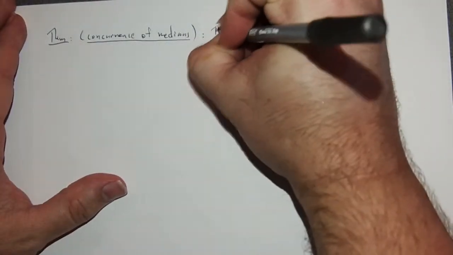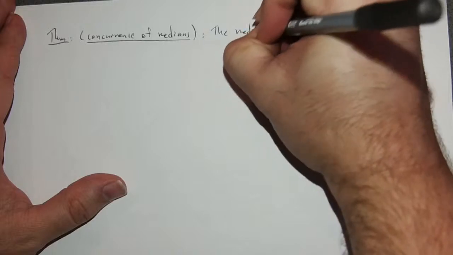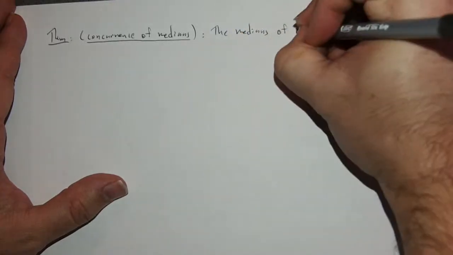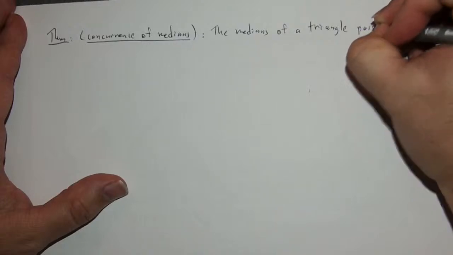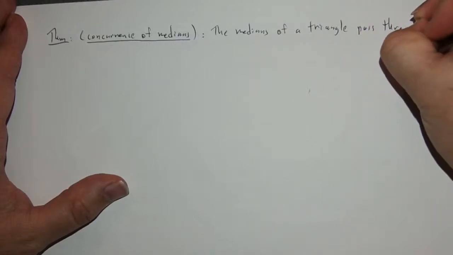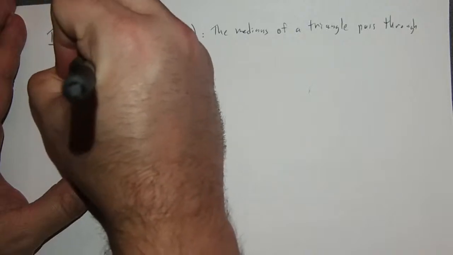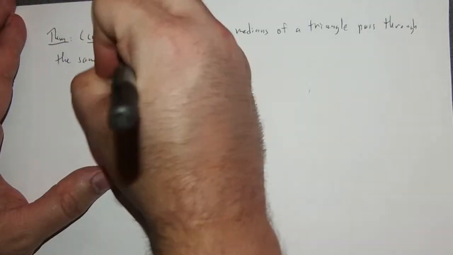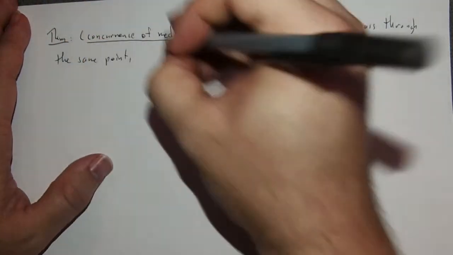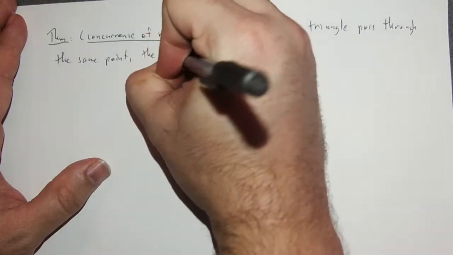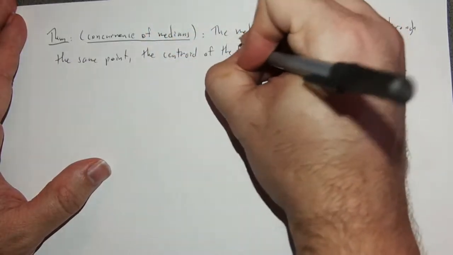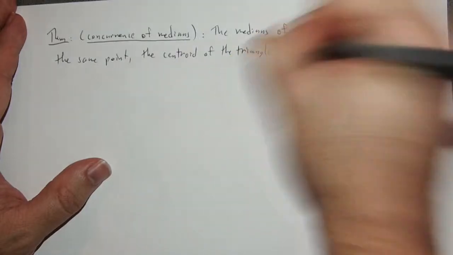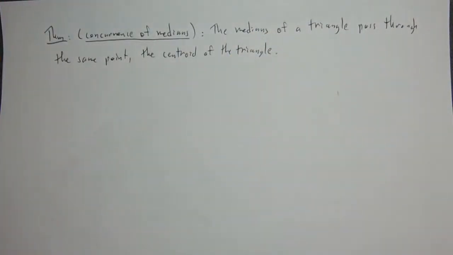So the medians, there's 3. The medians of a triangle pass through the same point, and this point is the centroid of the triangle.